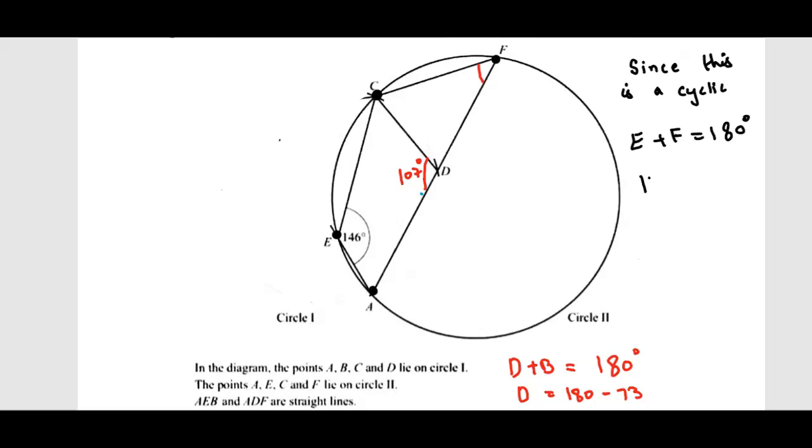So E is 146 plus F equals 180. You'll make F the subject, and what are you gonna get? You will get F as 34 degrees. This would be 34 degrees, right?